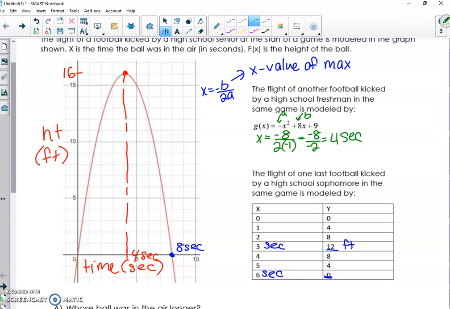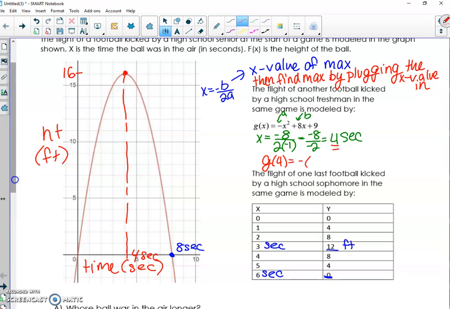And then the way that you find the maximum is by plugging the x value in. So you'll just plug this into the equation. We'll do g of 4 equals negative 4 squared plus 8 times 4 plus 9.